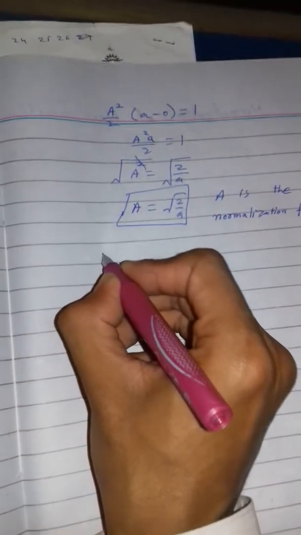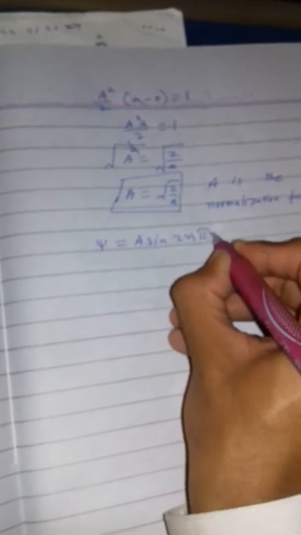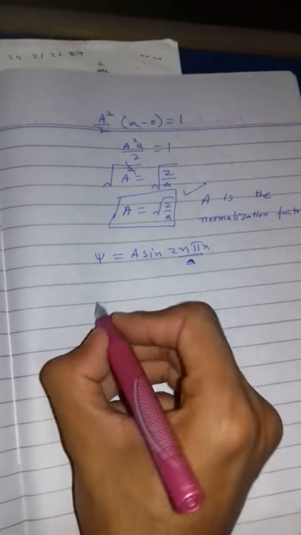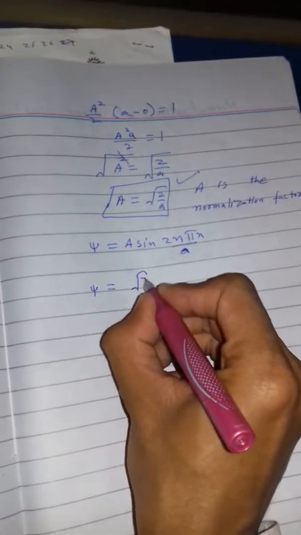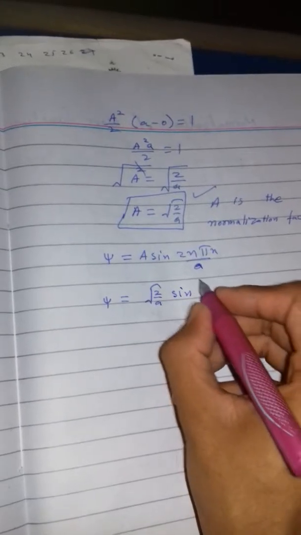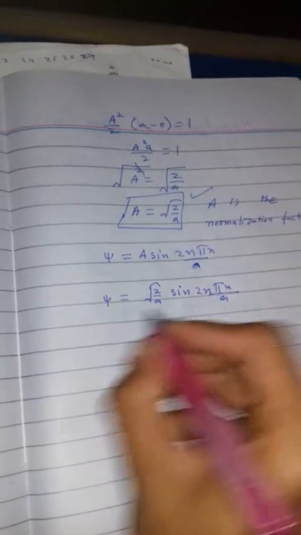Now put this value of A in this expression: psi is equal to √(2/a) sin(nπx/a).